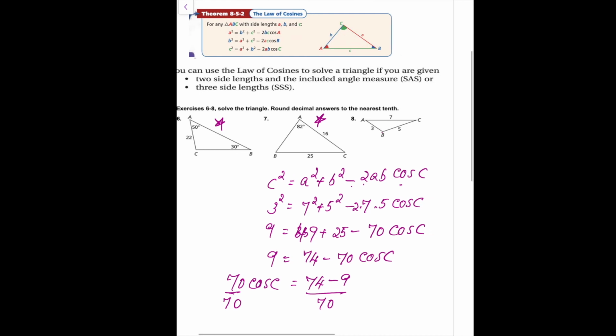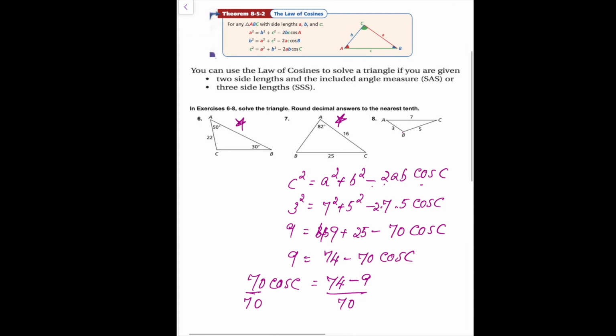So cosine C is equal to 65 over 70. So C is equal to cosine inverse of, in parentheses, 65 over 70. So you will get C approximately equal to 21.78.